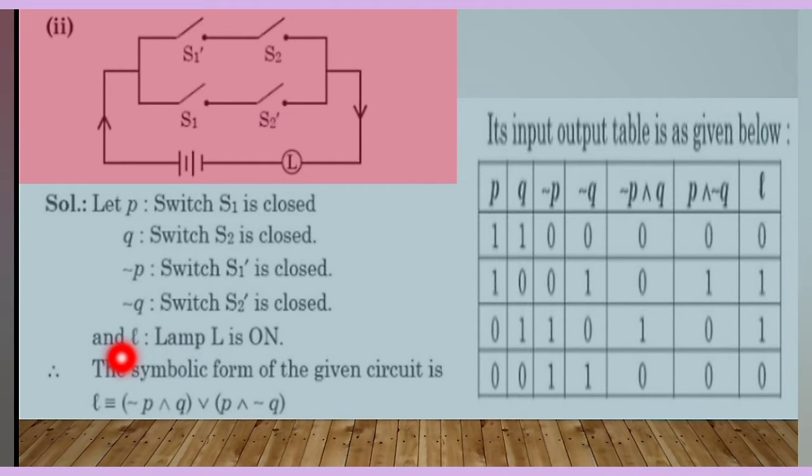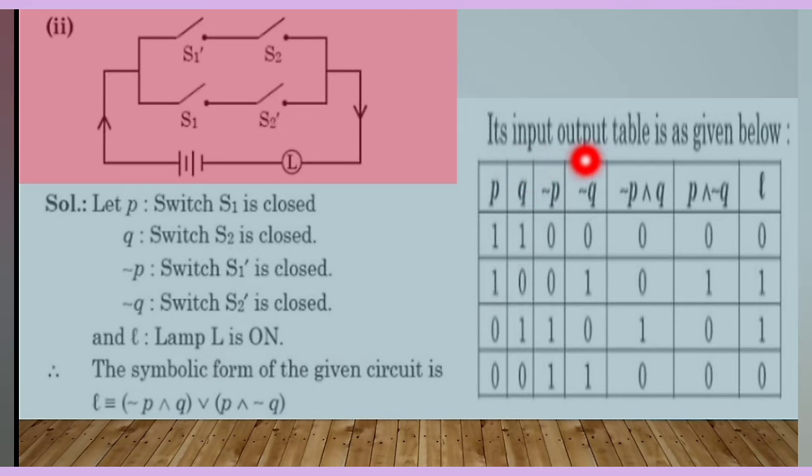The name of this statement is L, small l. The symbolic form is equal to, in brackets, negation P and Q, or in brackets P and negation Q.